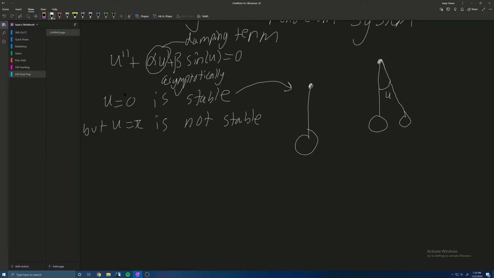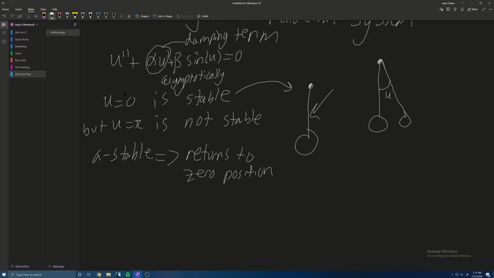Asymptotically stable means that the system returns to its 0 position. So in the case of our pendulum, it returns to this point right here with u equal to 0.